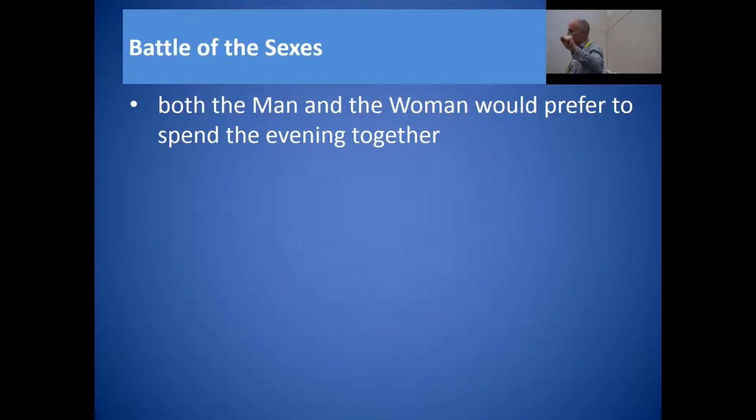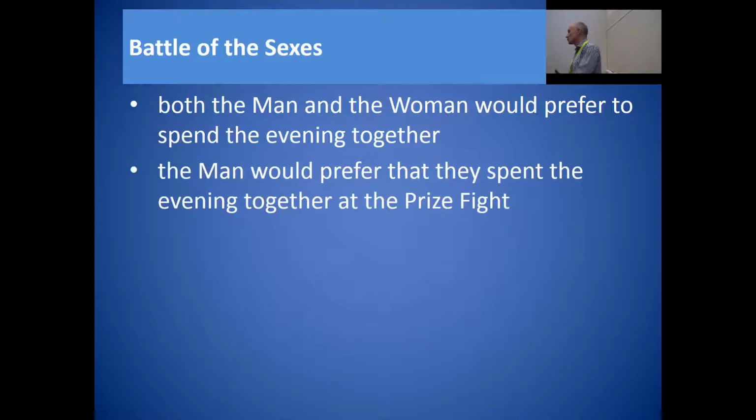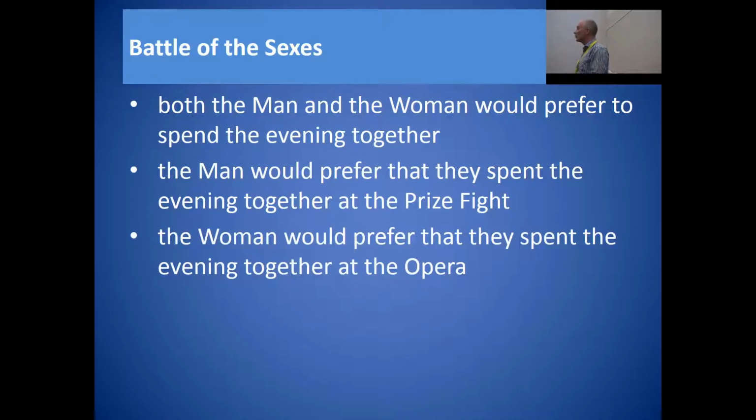It doesn't matter if it's the opera or the prize fight, they just want to be together. So that's the cooperation point. However, the man would much prefer that they spent the evening together at the prize fight, whereas the woman would much rather that they spent the evening together at the opera.